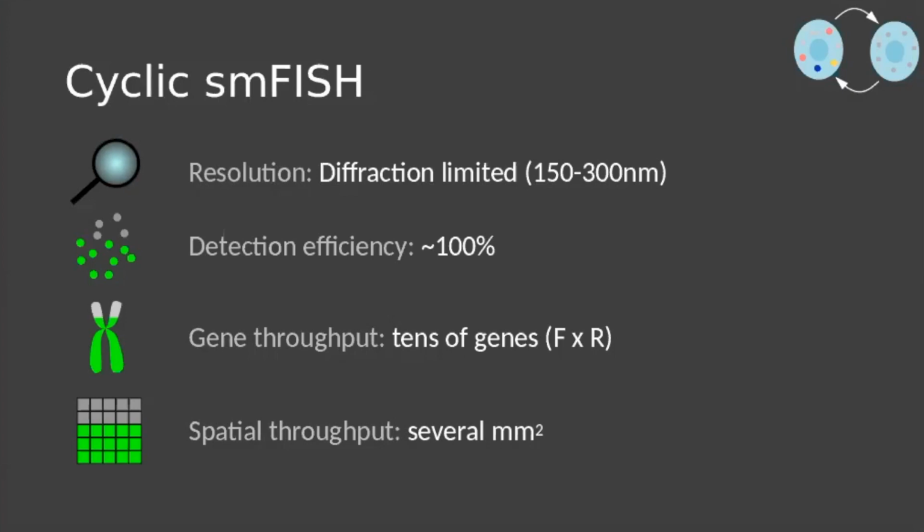How many rounds can you make until the integrity starts failing? Yeah, it's a very good question, and we don't know. So we never went to the point that it really breaks. We did experiments up to 14 rounds, and that was the point where we ran out of probes, and the tissue was still okay.